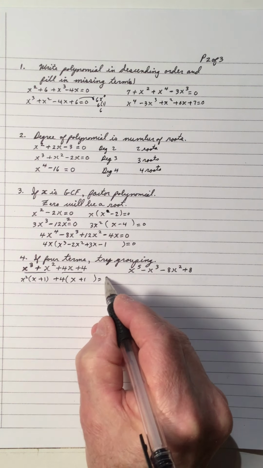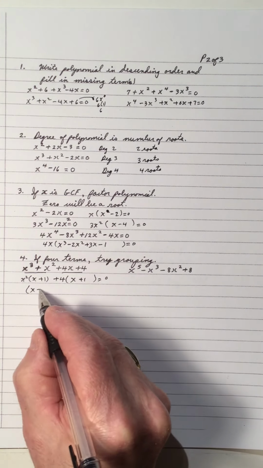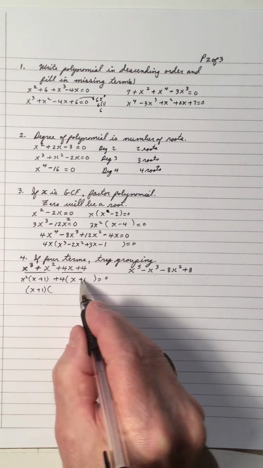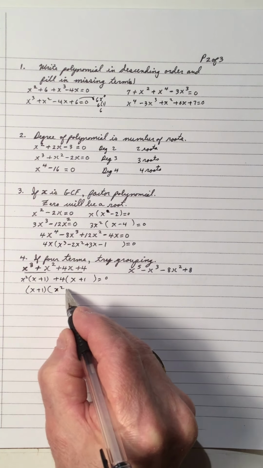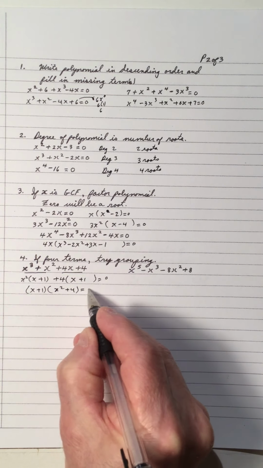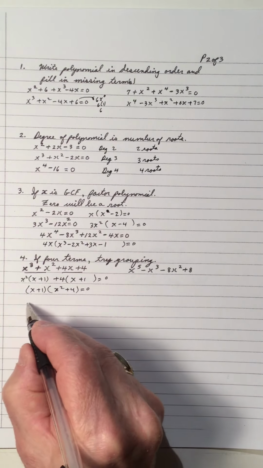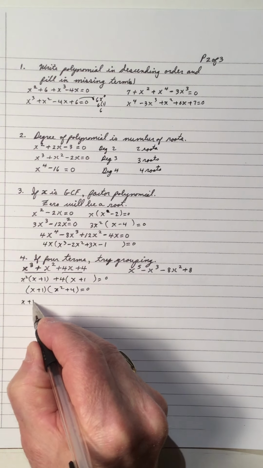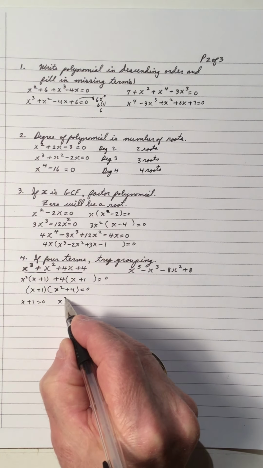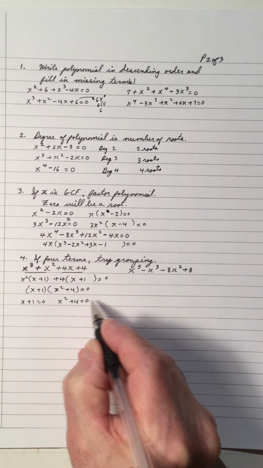And notice we have x plus 1 common, so we have x squared plus 4 left. So we keep on solving this, and we make x plus 1 equal to 0. We have x squared plus 4 equals 0.